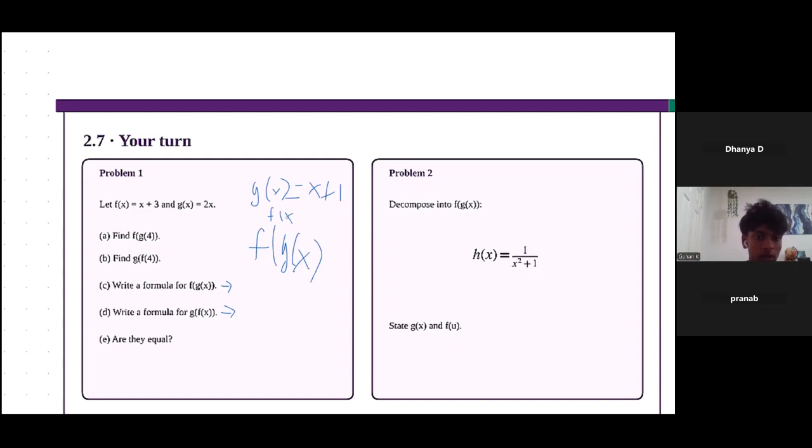In this example, our formula for this would be x plus 1 squared, because g of x goes on the inside, x plus 1, and f of x equals x squared. So it's going to be x plus 1 squared is the formula for that. So now take a try at these 2 questions and I'll explain it in a couple minutes.